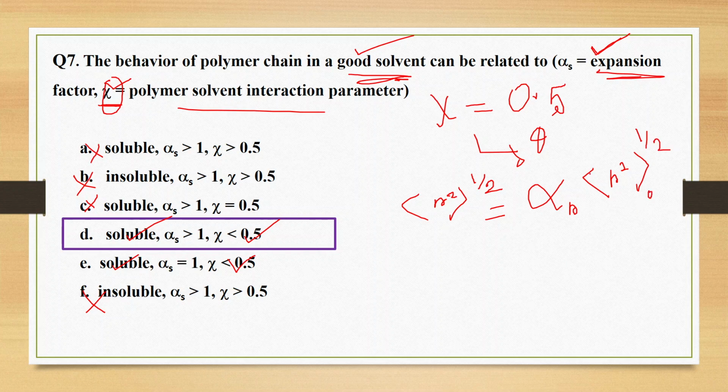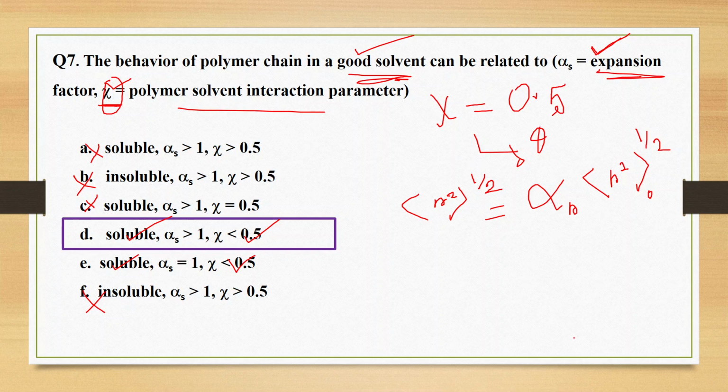If it is a poor solvent, the polymer chain does not interact with the solvent nicely, so it is not expanding in that case at all.